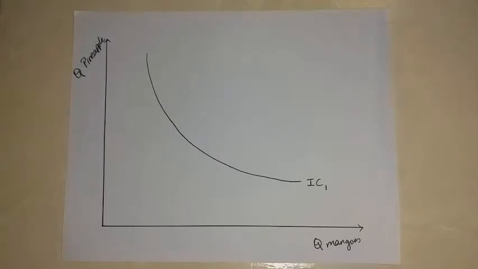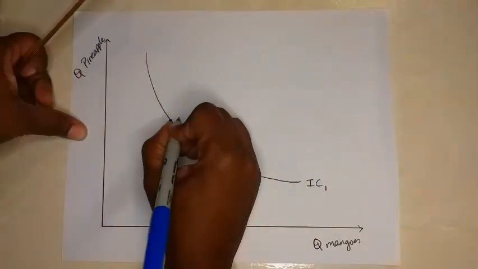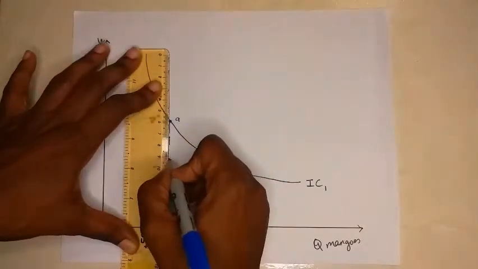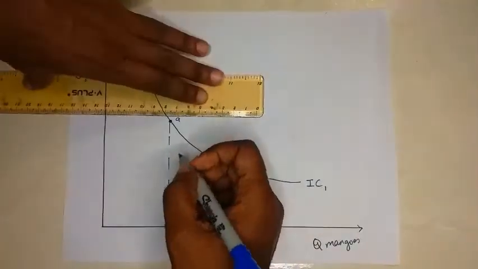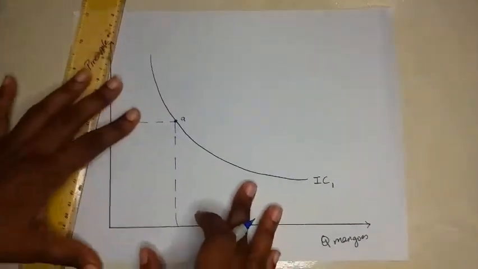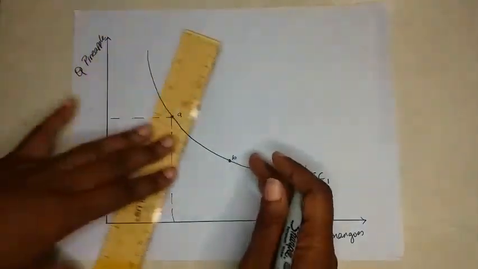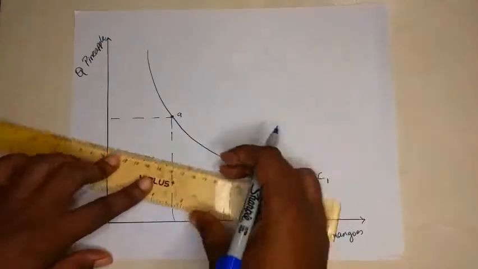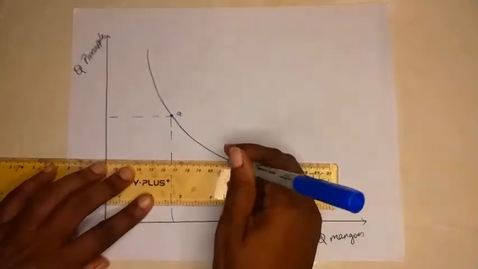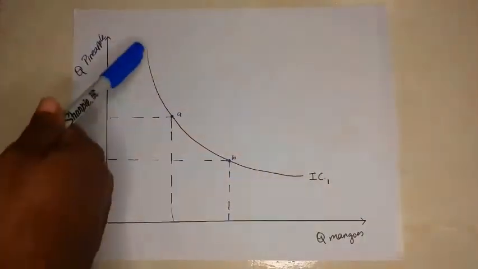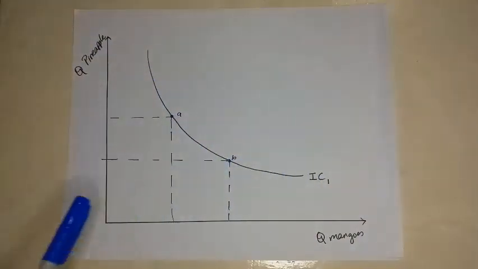So, for example, at a point, we can call this, let's say, A. At a point such as A, we are indifferent between this combination or a combination such as B in terms of the level of satisfaction that we would receive. So whether we are at A or at B or any other point along the indifference curve, we will still yield the same level of satisfaction.